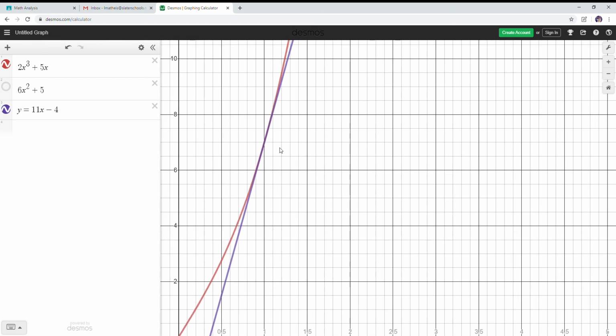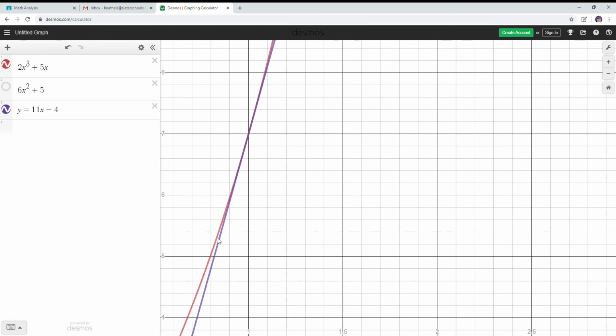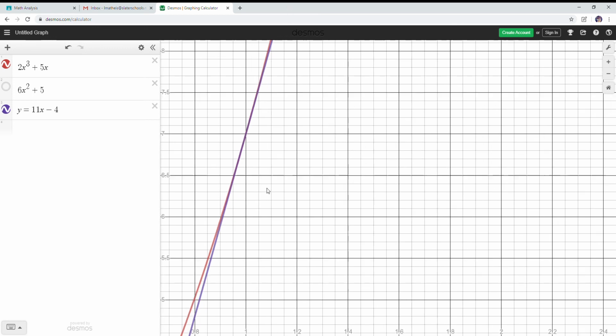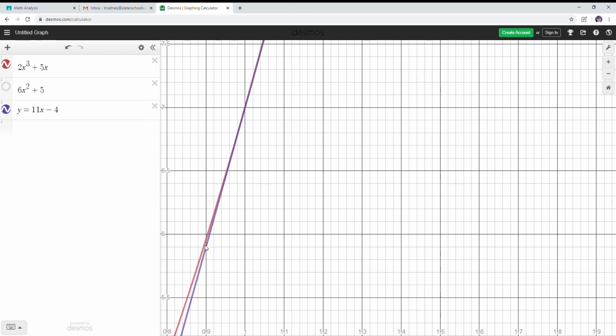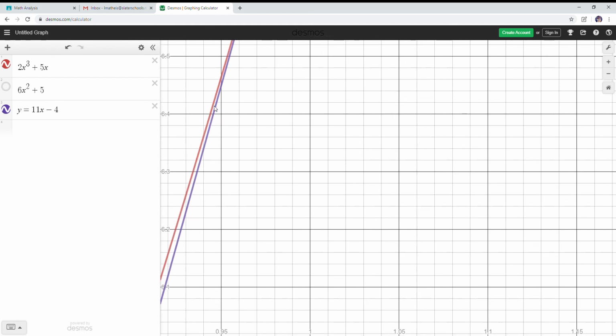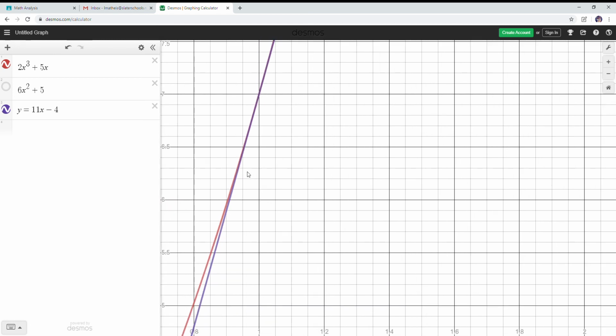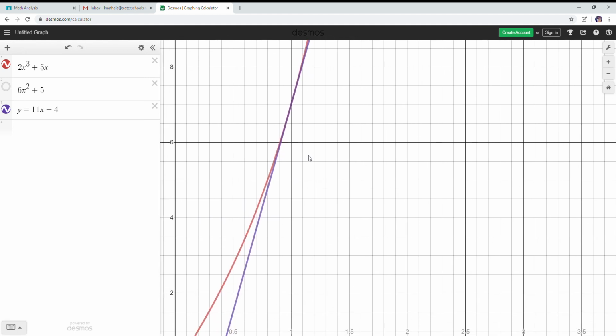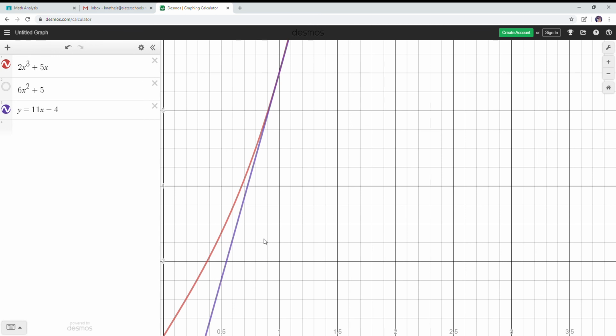Now we can even zoom in, and you can see that as we get closer and closer, there is more and more of a gap between the purple line, the tangent line that we just graphed, and the red line of the function that we actually have. You can see those actually are farther and farther away. So I'm going to zoom back out here. So that is our first point of x equals 1.